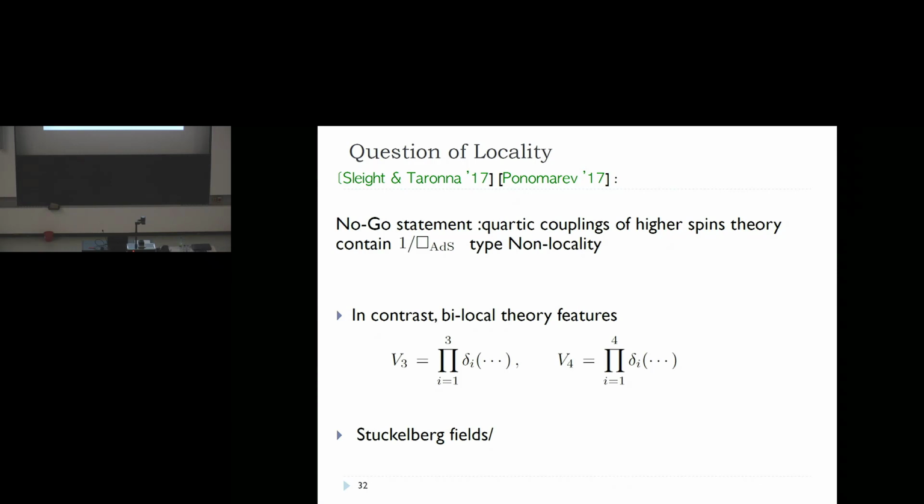So this was, maybe I called it a no-go statement. I'm not sure whether it's a theorem. There's obviously some assumptions. So obviously this bilocal theory avoids some of the assumptions. My kinetic term is quartic, which obviously is one of those in those theorems.